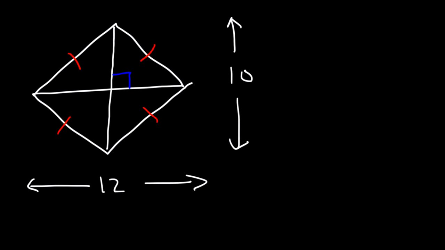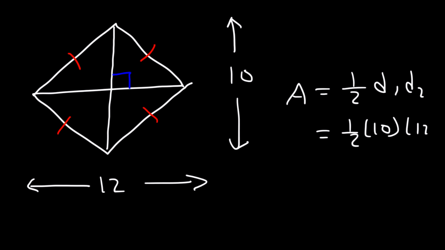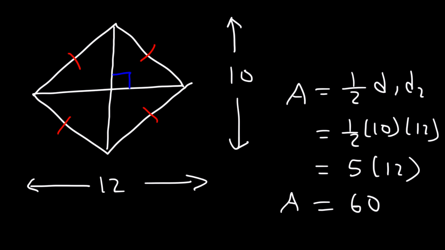So those are some things to keep in mind. The area of a rhombus is 1/2 d1 times d2. So it's the product of the two diagonals times 1/2. So it's 1/2 times 10 times 12. Half of 10 is 5. 5 times 12 is 16. So that's the area of this particular rhombus.